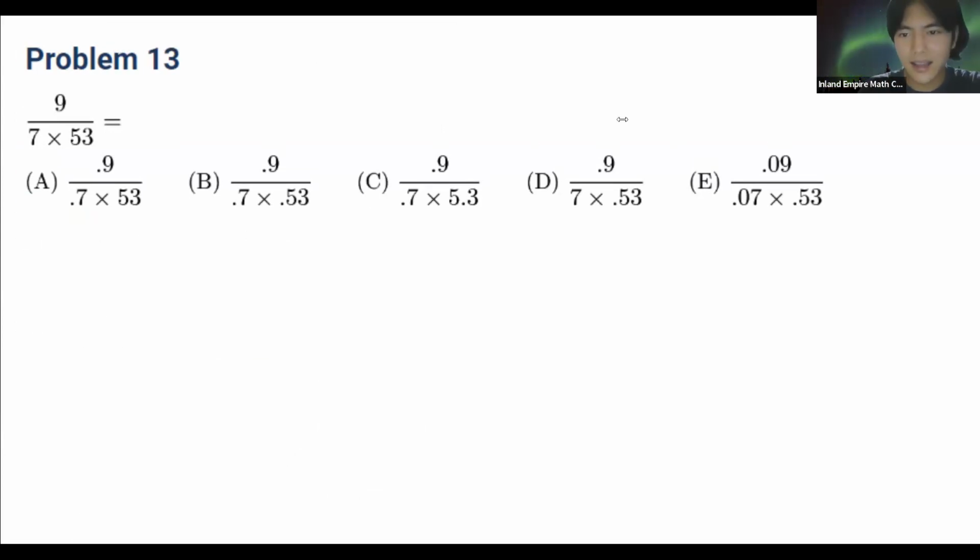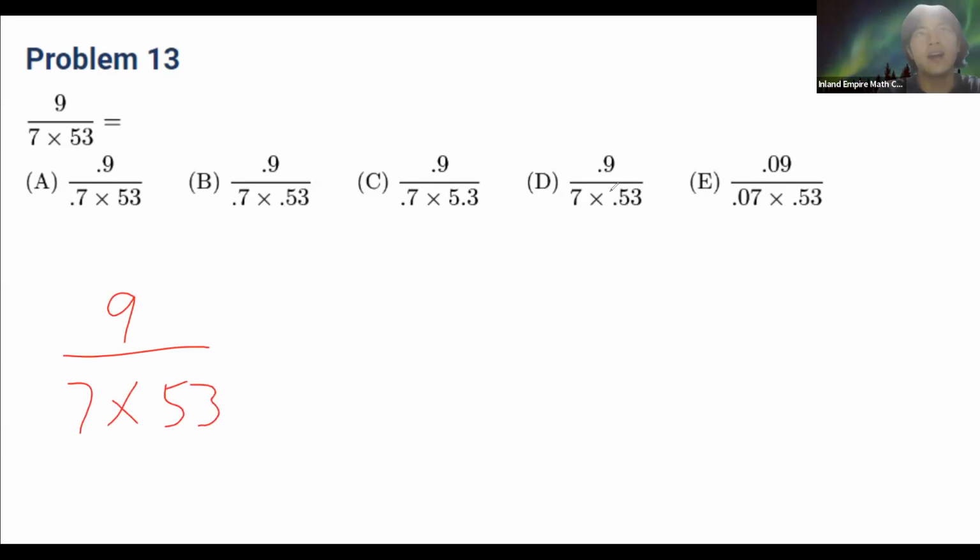Looking at this one, since all of the answer choices seem to be decimals, we're going to convert this one to decimals too to see if we can match the answer. Hopefully everyone understands that if you do the same thing to the numerator and denominator of a fraction, the fraction stays the same.